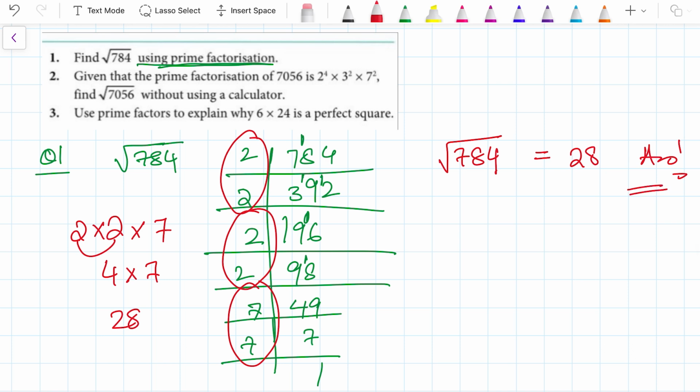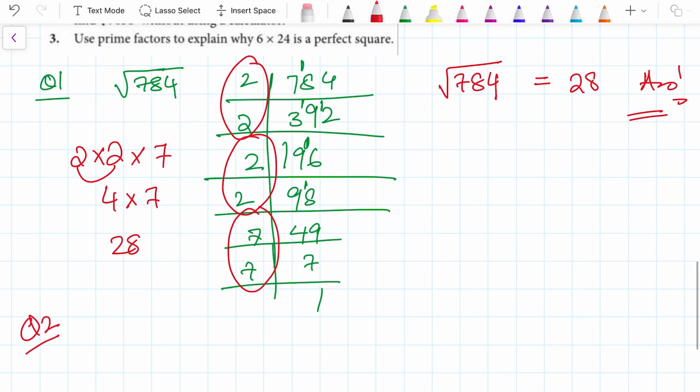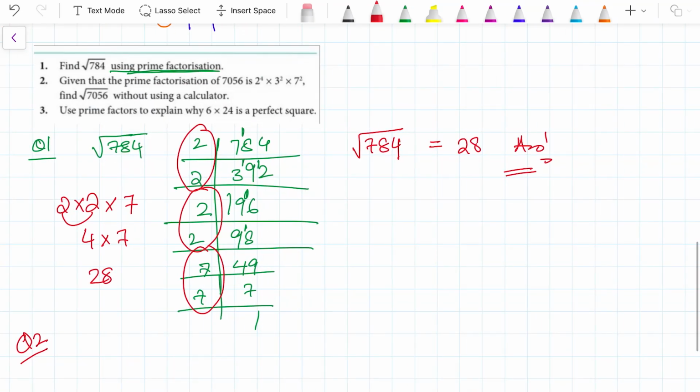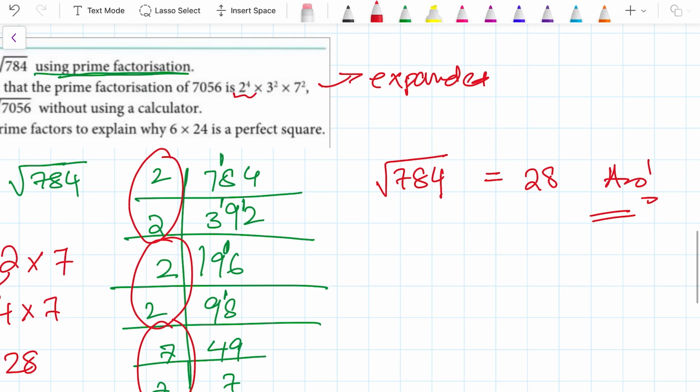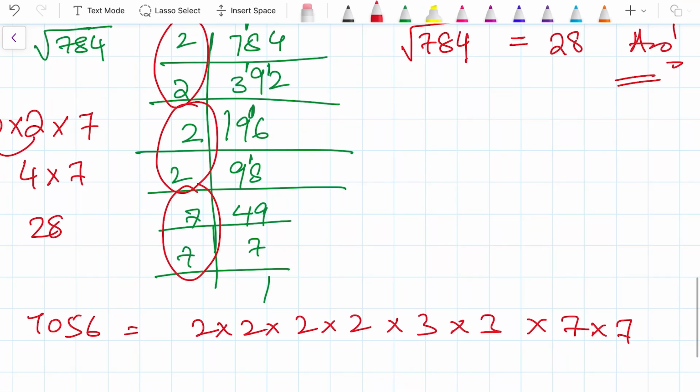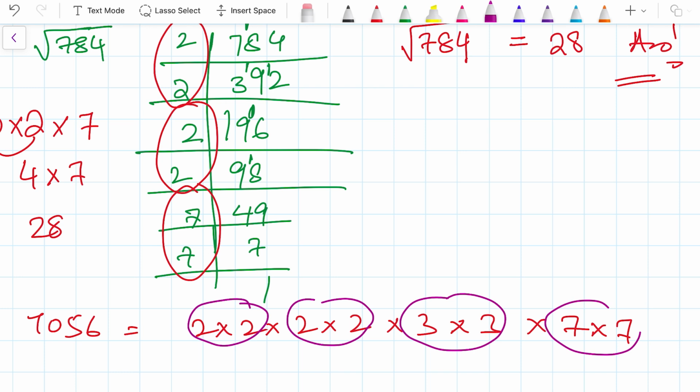Now, question number 2. Given that the prime factorization of 7056 is 2 into 2 into 2 into 2 into 3 into 3 into 7 into 7. They have already given it to us. So I have expanded it. 2 power 4 means 2 is repeated 4 times. Now make pairs. 1, 2, 3, 4.